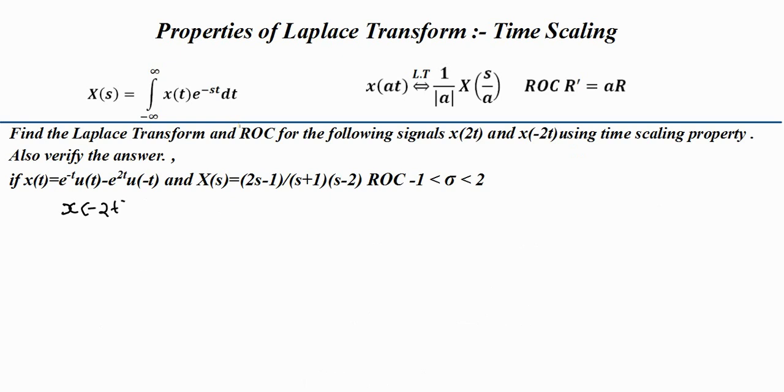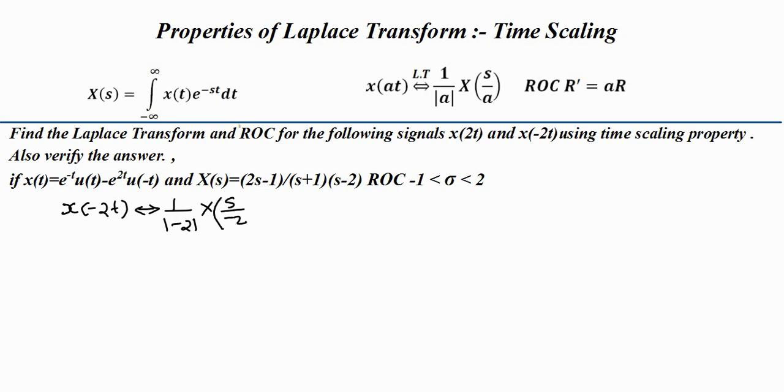You need to take some care when you do the negative scaling. By applying the property, you can say that it's 1/|2| X(s/-2). It is very important that you write the -2 here.